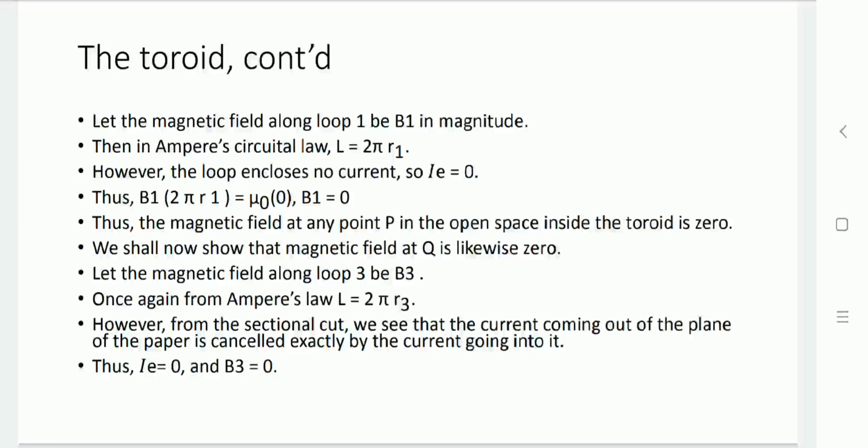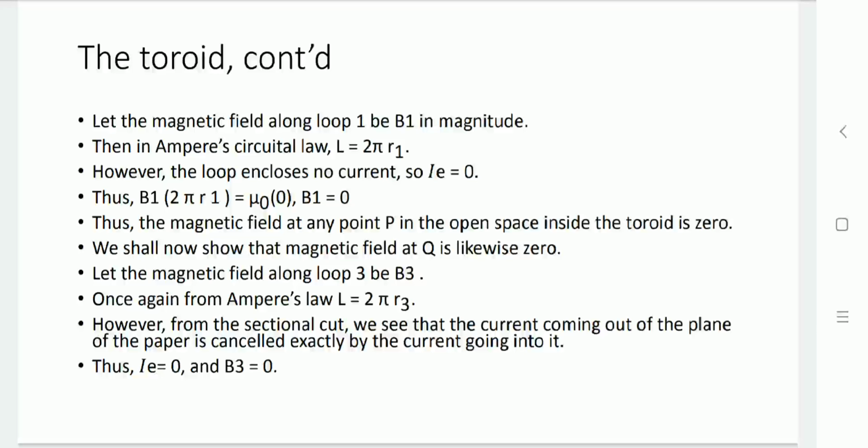If I_E is 0, then B1 times 2 pi R1 equals mu 0 times 0. So magnetic field B1 is 0. We can say that in the open space inside the toroid at point P, the magnetic field strength is 0.